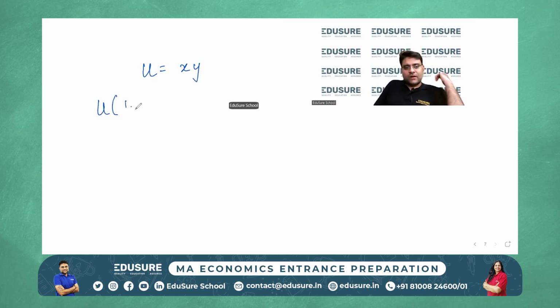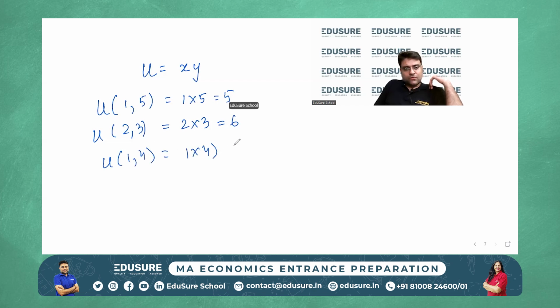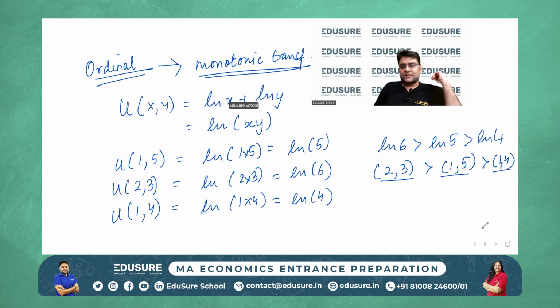So the utility of (1, 5) gives me 1 into 5, which is 5. The utility of (2, 3) is 2 into 3, which is 6. And the utility of (1, 4) is 1 into 4, which is 4. Now from here also I get the same thing: (1, 5) is inferior to (2, 3) and (1, 5) is superior to (1, 4). Ultimately the result is the same.